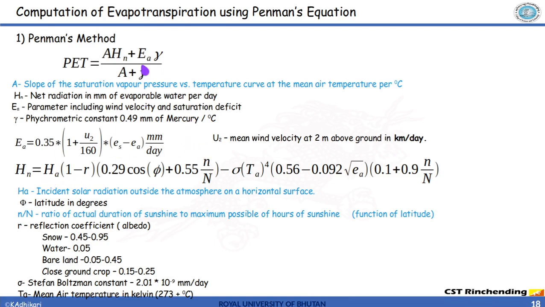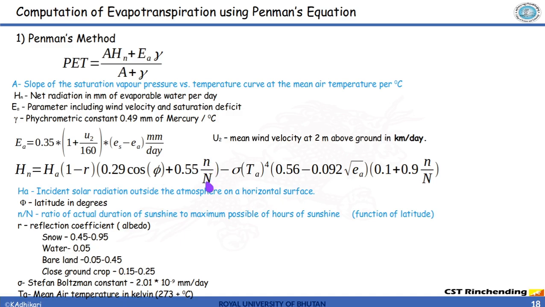Hn is the net radiation in mm of evaporable water per day, and further this Hn is given by this expression, where Ha is the incident solar radiation outside the atmosphere on a horizontal surface, r is the albedo, phi is the latitude.